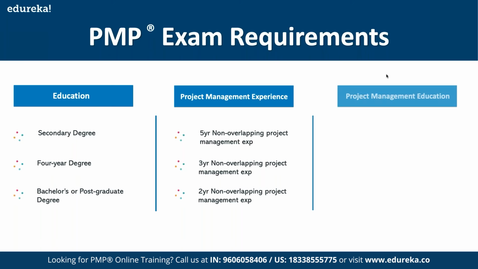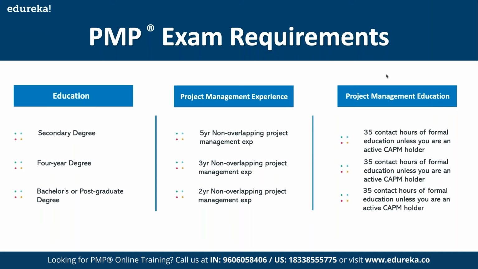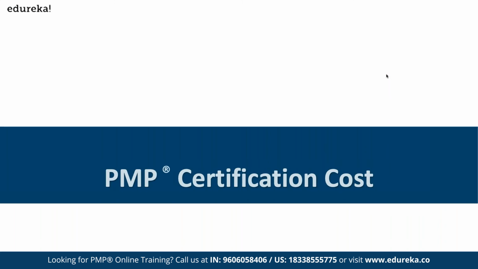And then in terms of project management education, we can have 35 contact hours of formal education unless we are an active CAPM holder. The same applies for a 4-year degree, and for a bachelor's or postgraduate degree as well. So it's the same for all.